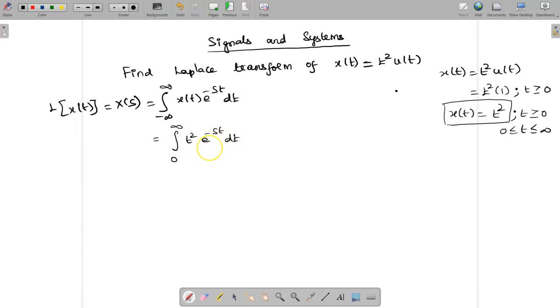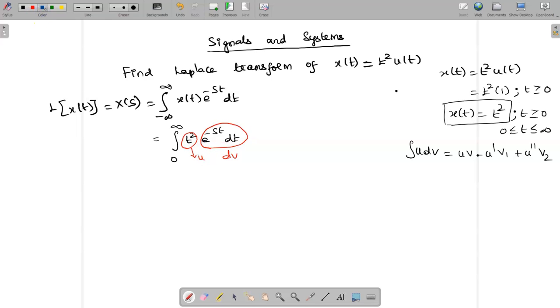So, we have to apply the integration of u dv formula, which is nothing but uv minus u dash v1 plus u double dash v2. So, compare this, right. This value t square is nothing but u and this value is nothing but dv.